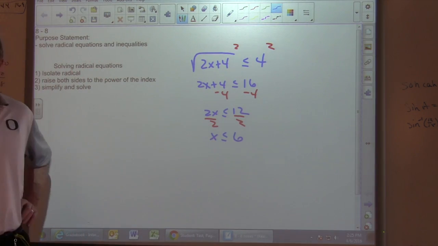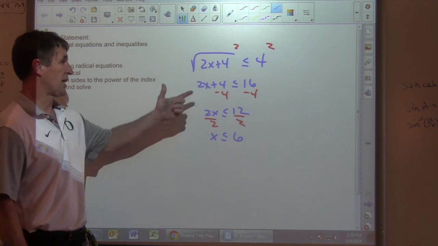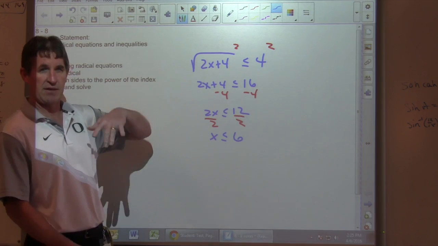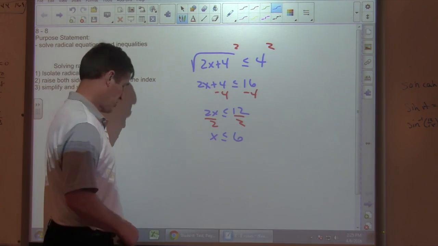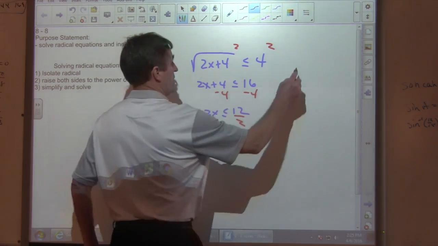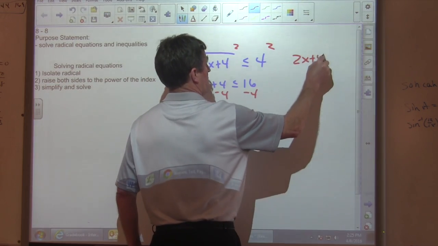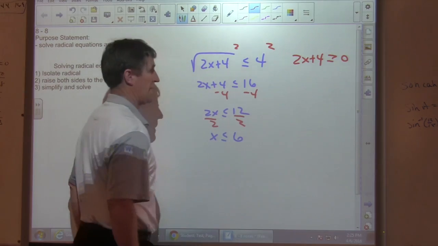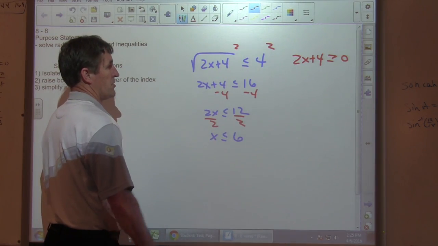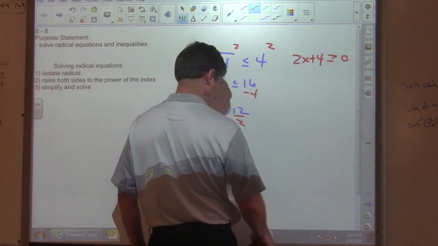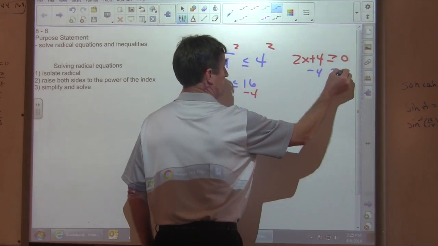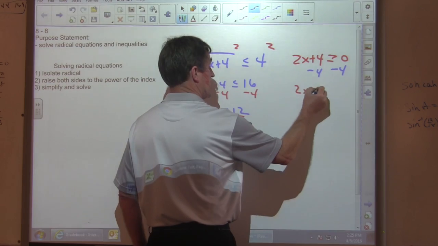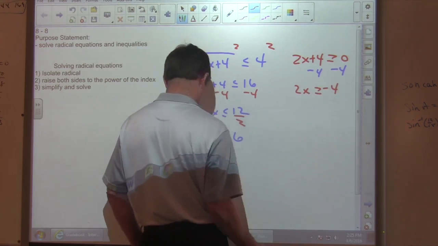With inequalities, we have to be a little bit careful, and then we check this to start with. Remember, we cannot take the square root of negative numbers. That gives us an imaginary solution. So we have to consider that 2x plus 4 also has to be greater than or equal to 0. It can't be negative. So now we solve this. We subtract 4 and get 2x is greater than or equal to negative 4.